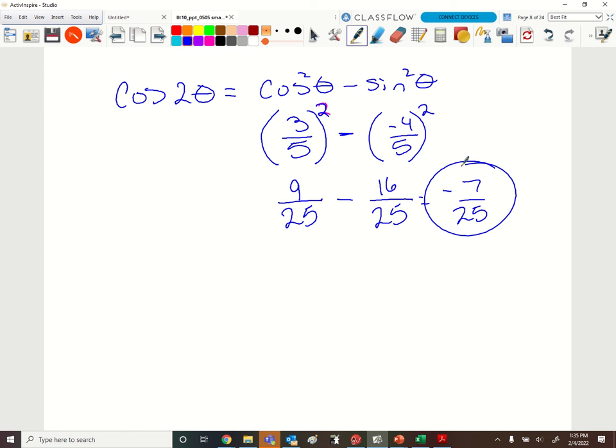Okay. So the last one we have to do is a tangent, right? Tangent's not going to be so bad because what does tangent represent? Y over x. Do we know the y? Do we know the x? So it's not that bad.